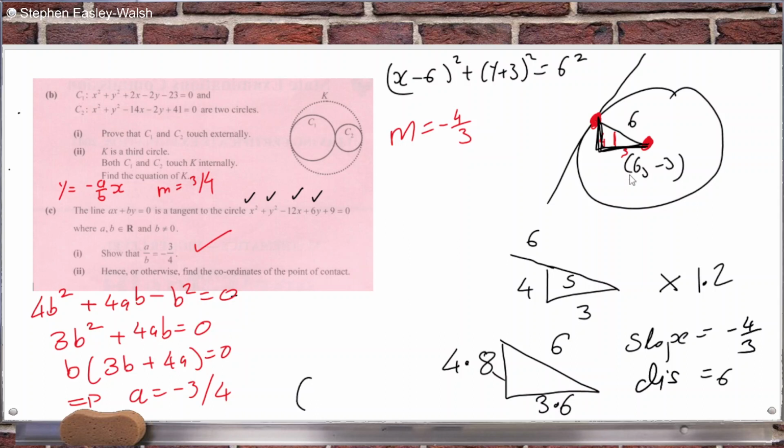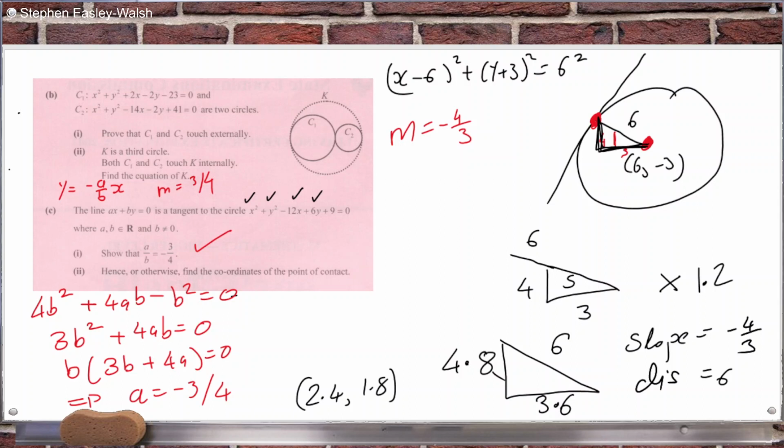So 6 minus 3.6, that's 2.4, and then minus 3 plus 4.8, that's 1.8. Unless I made another mental arithmetic mistake there. Let's see.